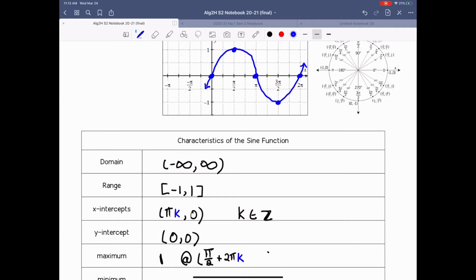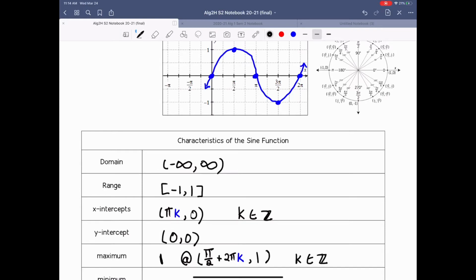So basically, by saying, all right, pi over 2 plus 2 pi k, or some multiple of 2 pi, that's going to bring me to another x value that has the maximum again, because this graph is repeating itself. So at pi over 2 plus 2 pi k, comma 1, we see that we have maximums on this graph. And again, k is some integer.